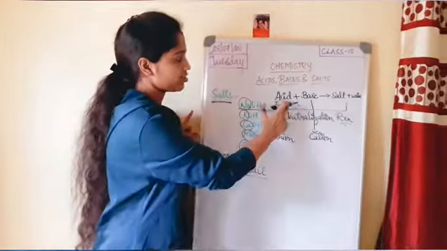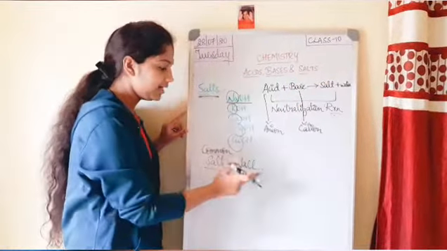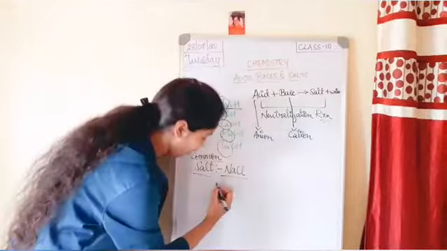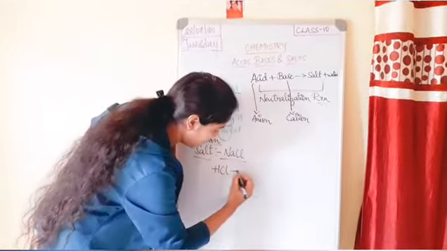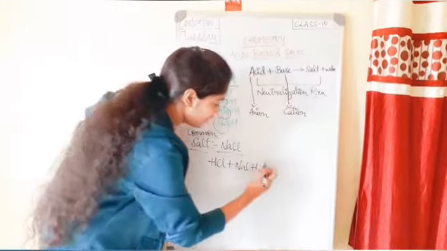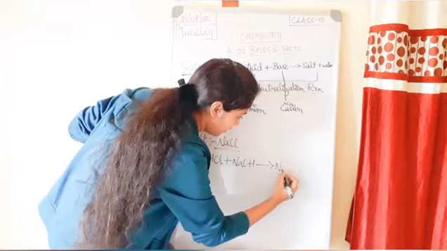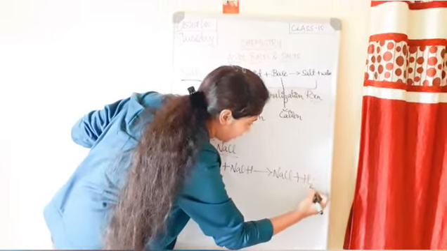Acid plus base gives salt plus water. This is obtained by the reaction of hydrochloric acid, that is an acid, plus sodium hydroxide, that is a base, gives NaCl, sodium chloride plus water.